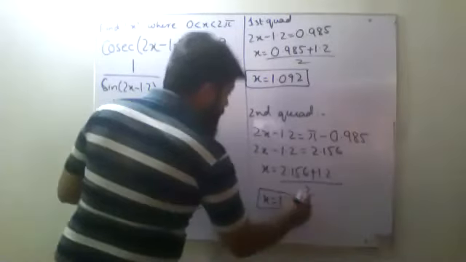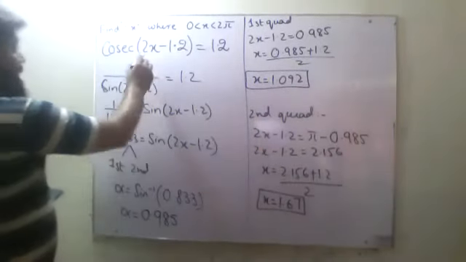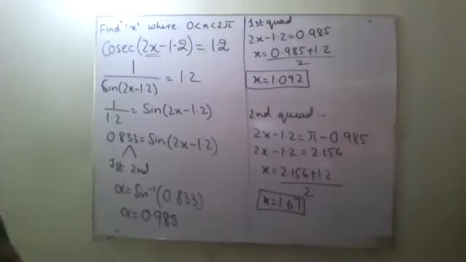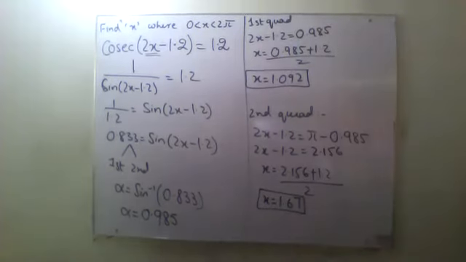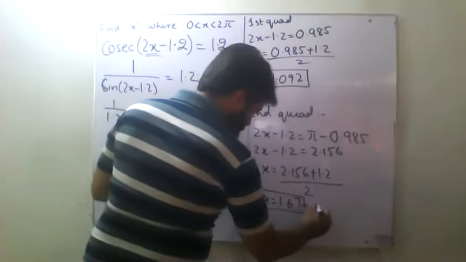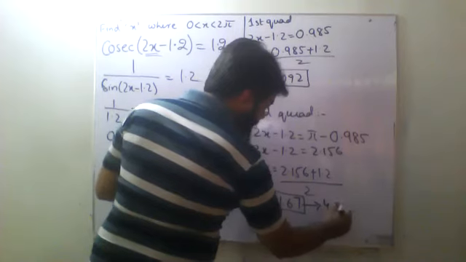My final answer is x equals 1.67. Now, as it is 2x, there are two cycles. So what I am going to do is add pi here, and my answer is 4.81.